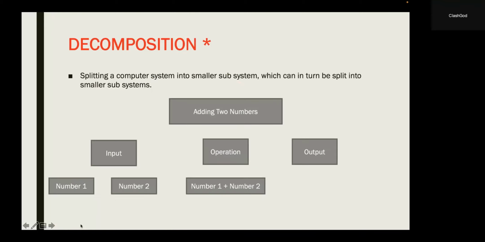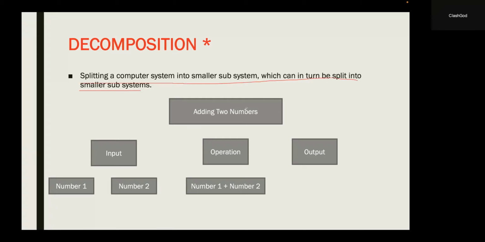So the official definition of decomposition is the splitting of a computer system into smaller subsystems, which can in turn be split into smaller subsystems. Now, this definition is very, very important, right? So please make sure to memorize this definition because it is likely that it will appear in exams.